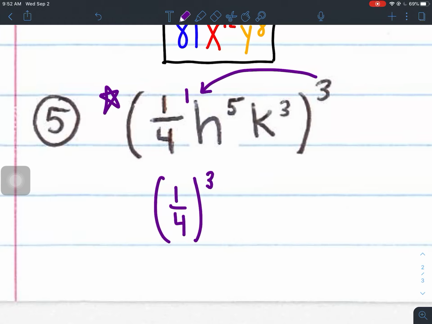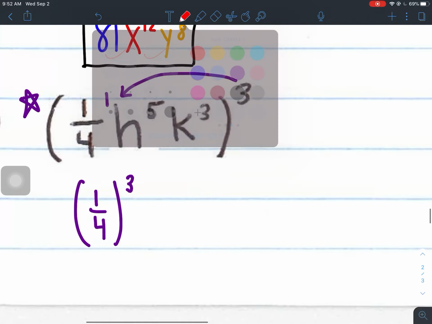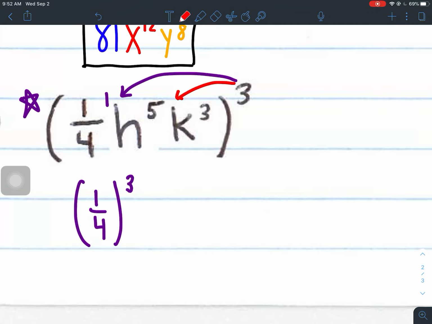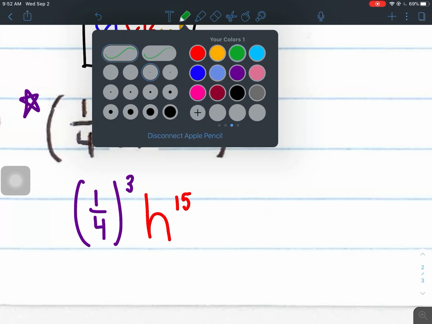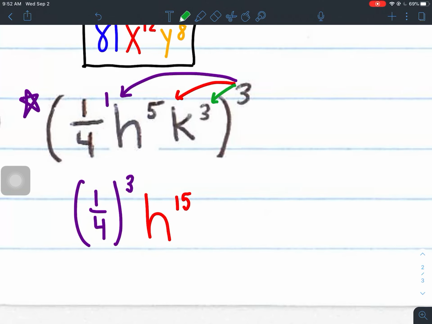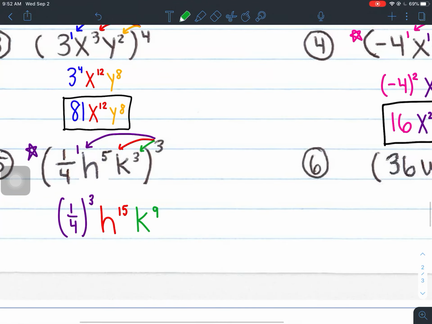Sometimes it can mess up. So just in case, I would put parentheses around it. Okay, and then for the h base, you're going to multiply those exponents together, so you have h to the 15th. 5 times 3 is 15. And then the k exponent would be 3 times 3, would be k to the 9th. So you're multiplying all those exponents together, okay?